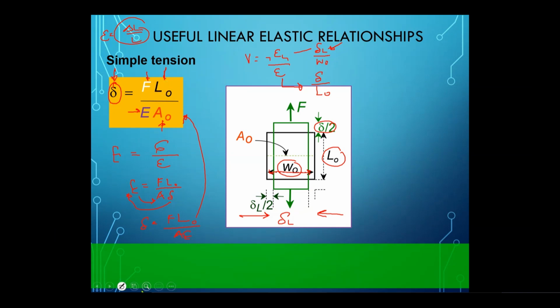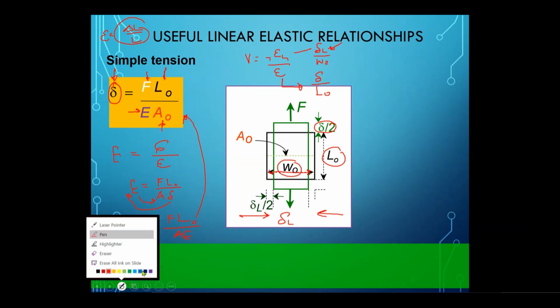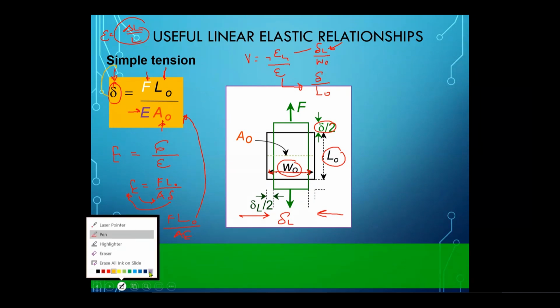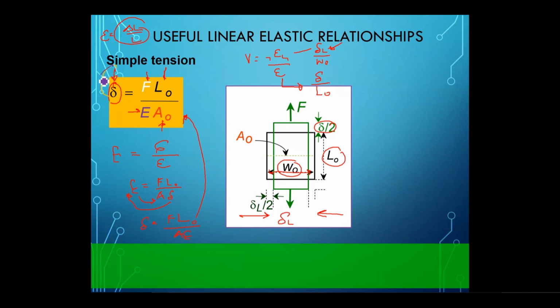Let's say I choose a different color. You can use these two values which are given over here and replace them. So if I bring this over here, I would essentially have longitudinal deformation divided by L naught, which is the longitudinal strain.